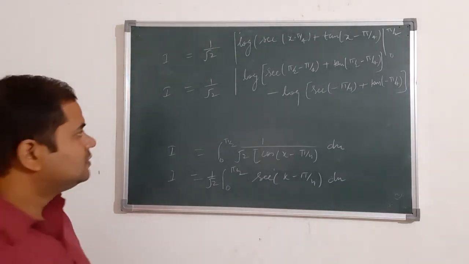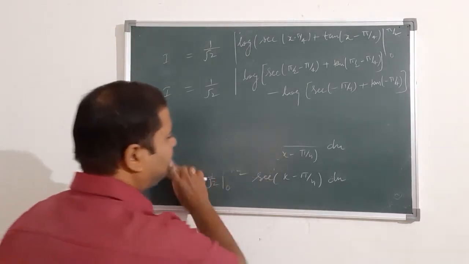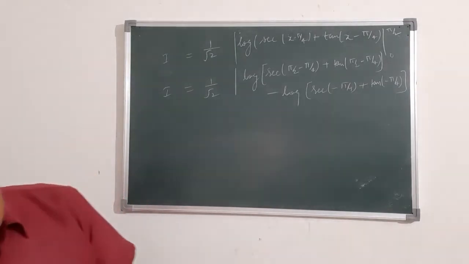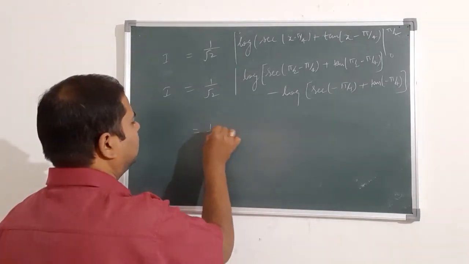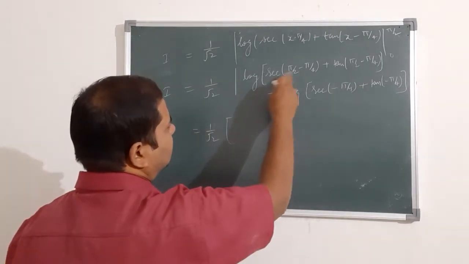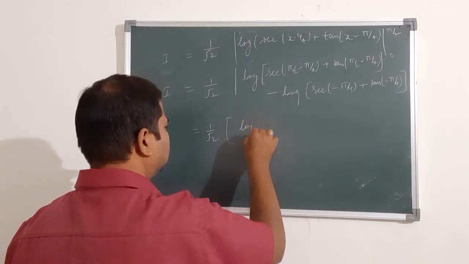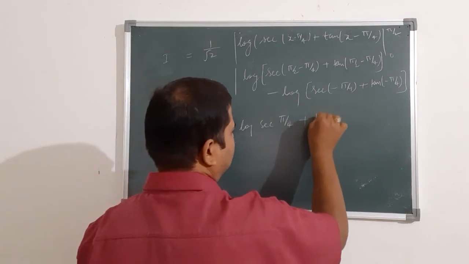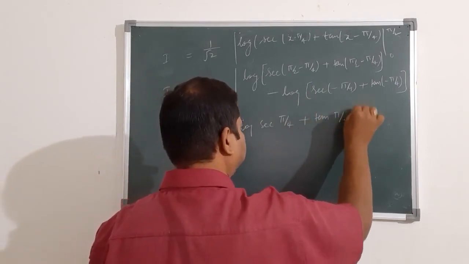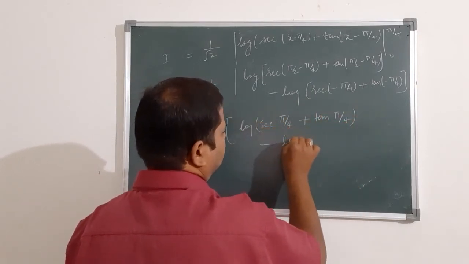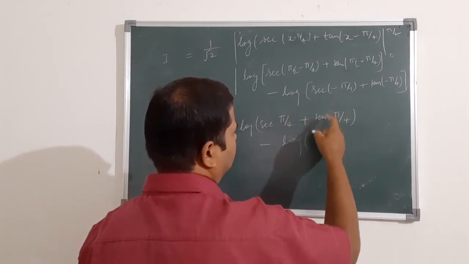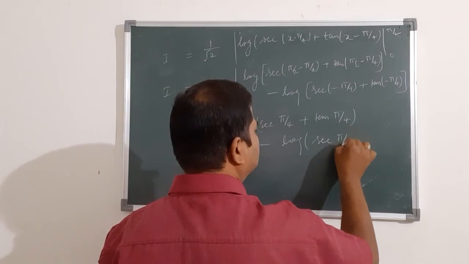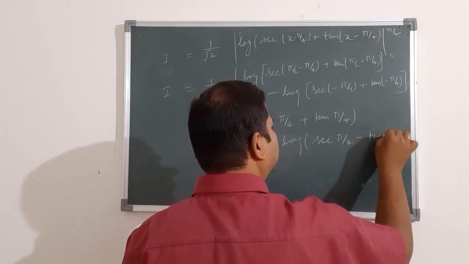Okay. So see, next step. 1 upon root 2 log of sec pi by 4 plus tan pi by 4 minus log of sec pi by 4, because sec of minus theta is sec theta, and this is minus tan pi by 4.